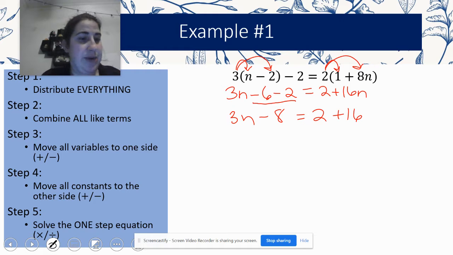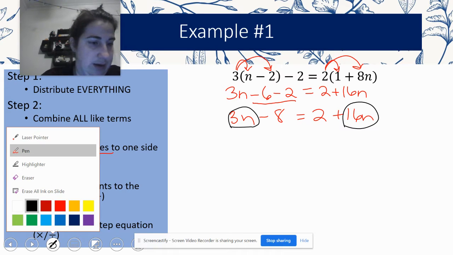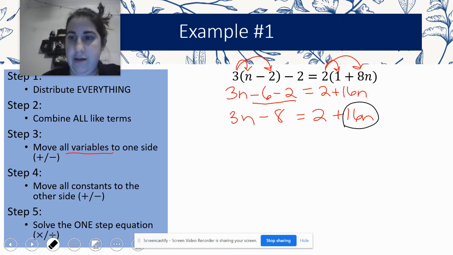Okay, step 3, I need to move all of the variables to one side of the equation. So I can either move the 9n or I can move the 16n. I'm going to move the smaller number.